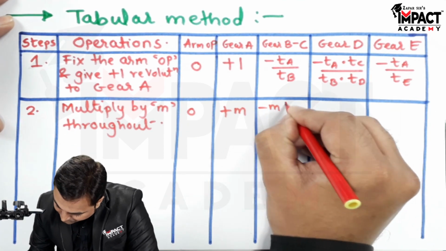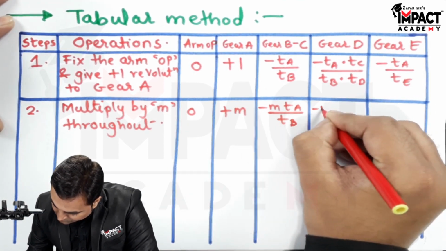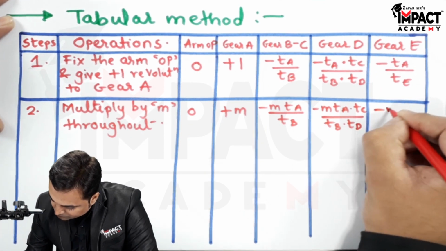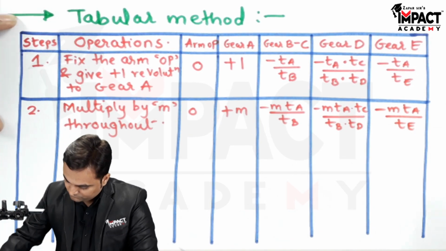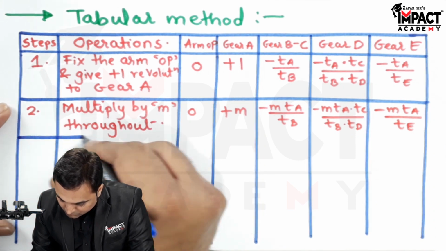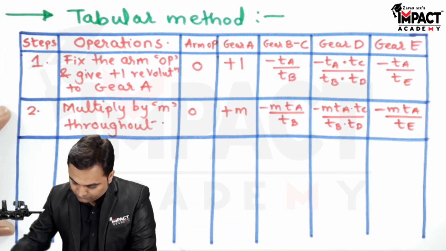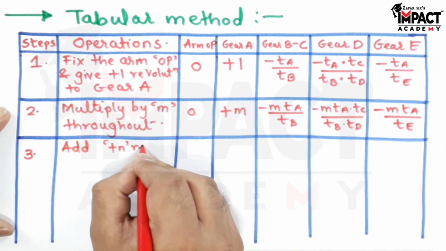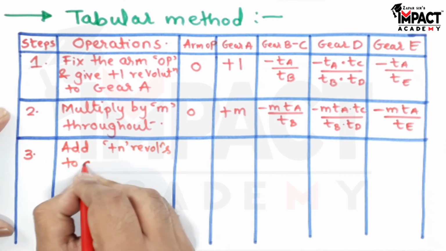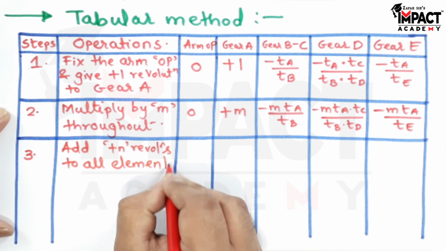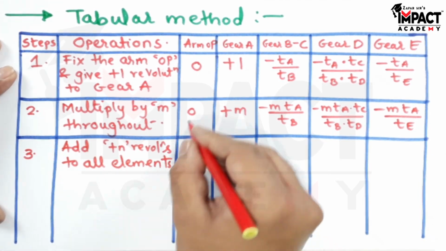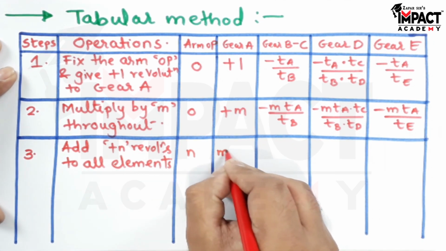Next, the next step is adding plus n revolutions to all elements. So n plus 0 is n. Here we have m plus n.